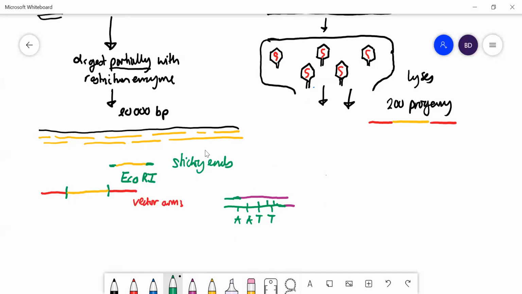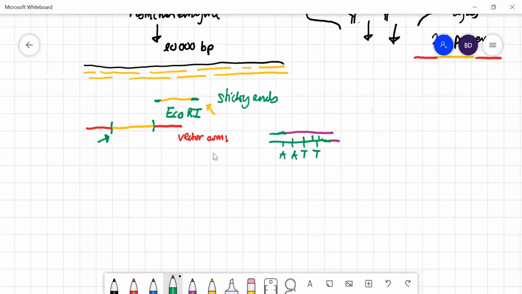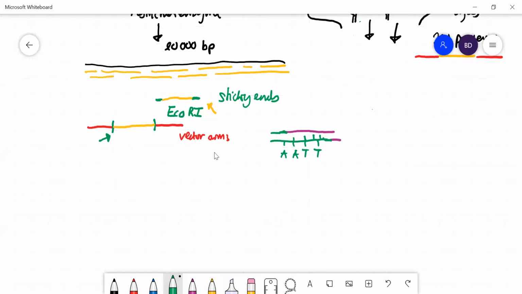So you need to have your human fragments with the correct sticky ends to fit into the sticky ends of the virus DNA. So you've done that, and you've got all your bits of viral DNA with your human bit stuck in it.